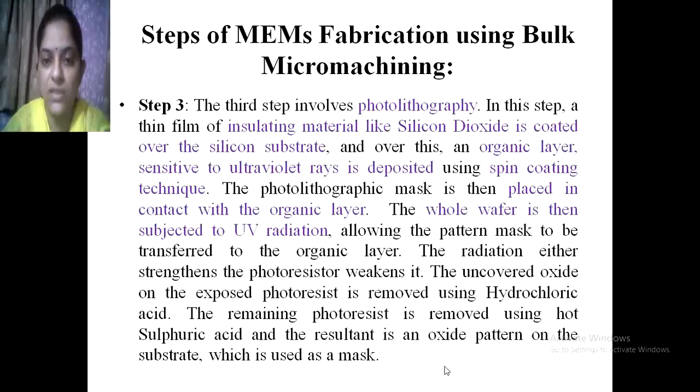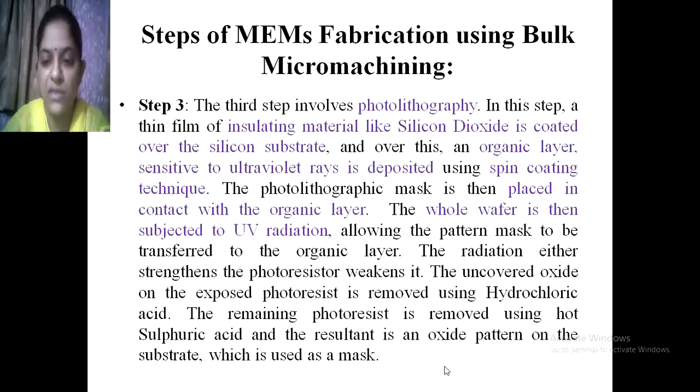So in the third step, insulating silicon dioxide is coated over the silicon substrate. Then an organic layer sensitive to ultraviolet rays is deposited. Then the whole wafer is subjected to UV radiation, and the mask pattern is transferred to the organic layer.